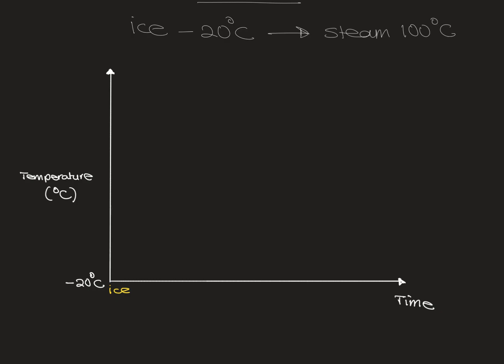Well, from ice at minus 20 degrees Celsius, it has to reach ice at 0 degrees Celsius. So that is ice at 0 degrees Celsius at this point here. From this point, we're going to have ice that is at 0 degrees Celsius being converted to water at 0 degrees Celsius.